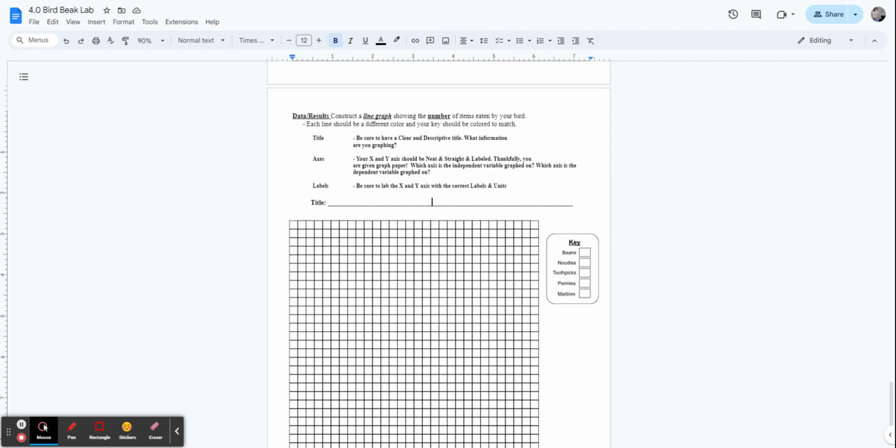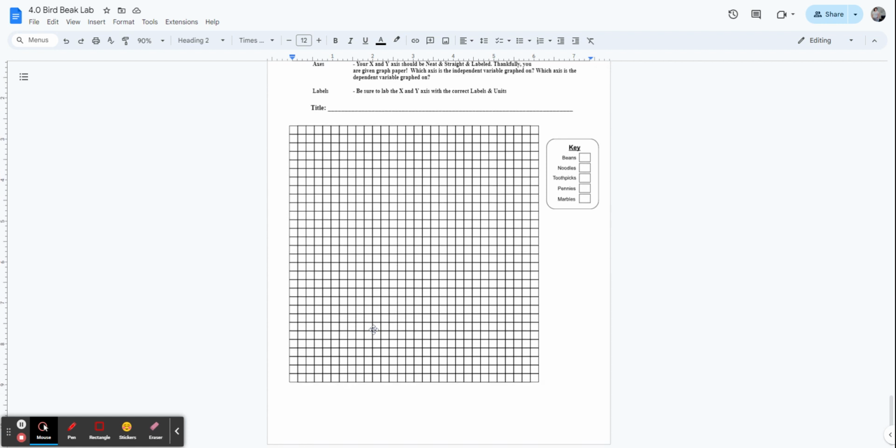When you are making your graph, you are only graphing the number of items eaten by your bird. You are only graphing the bird that you were yesterday. If you were 2 birds yesterday because you were in a group of 3, choose whichever one you like the best. Then you are going to make this graph.